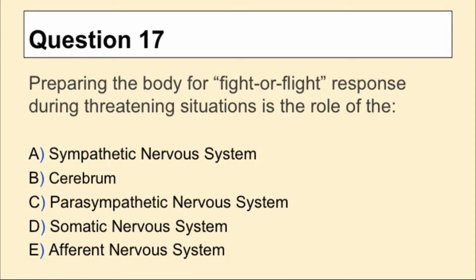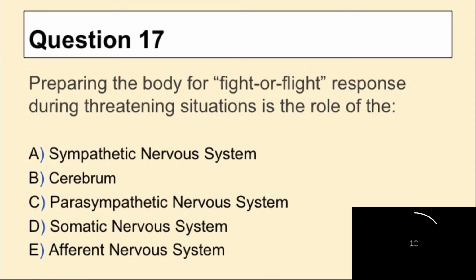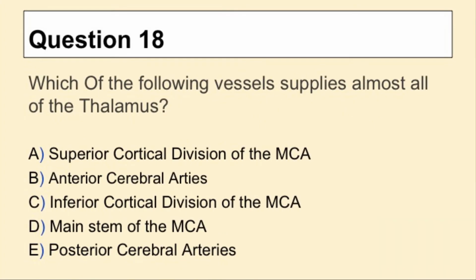Preparing the body for fight or flight response during threatening situations is the role of the. Question 18. Which of the following vessels supplies almost all of the thalamus?